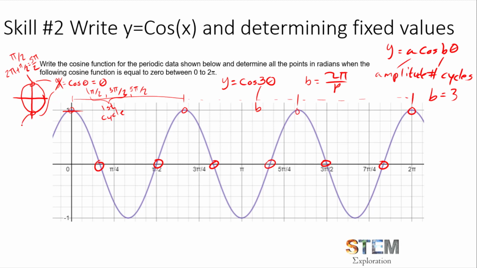And then if we go down here, this is 3 pi over 2. But if we want to know when we hit that on the second lap around the track, we would go 3 pi over 2 plus 2 pi, which is equal to 7 pi over 2. This is our second cycle, or second lap, around the unit circle.